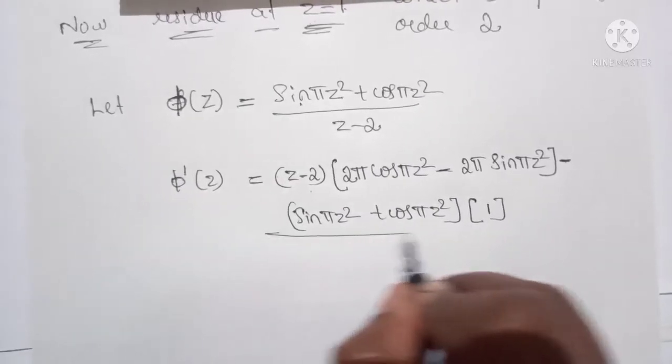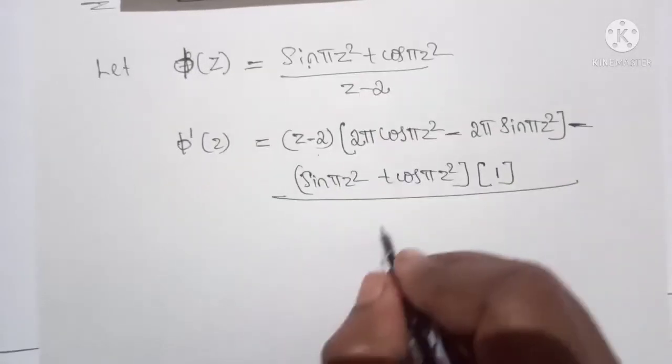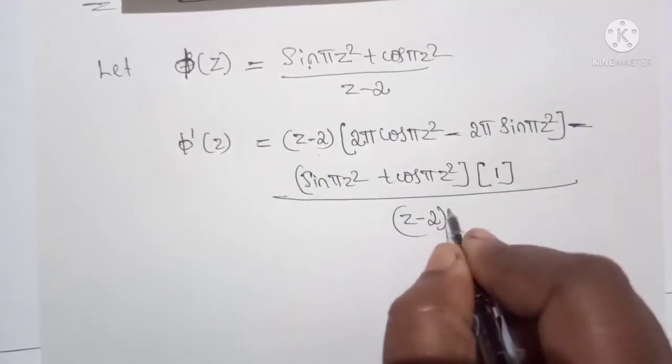The denominator is z minus 2 whole square.